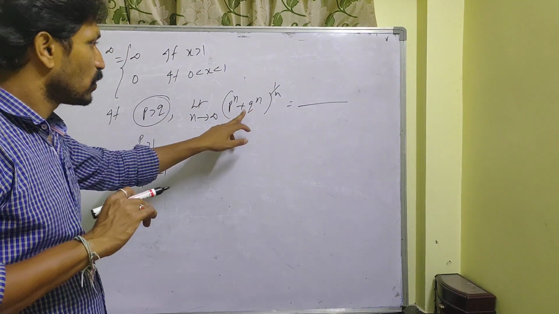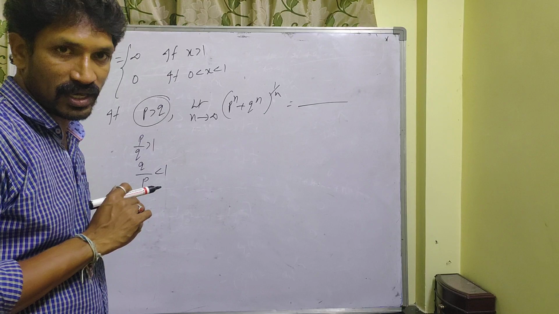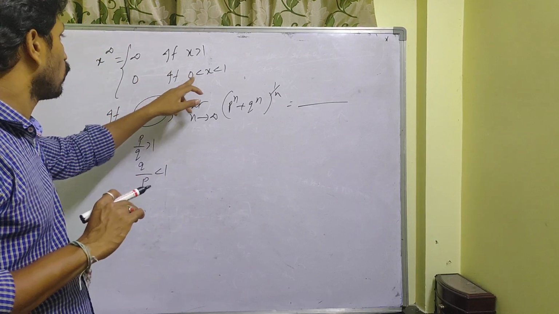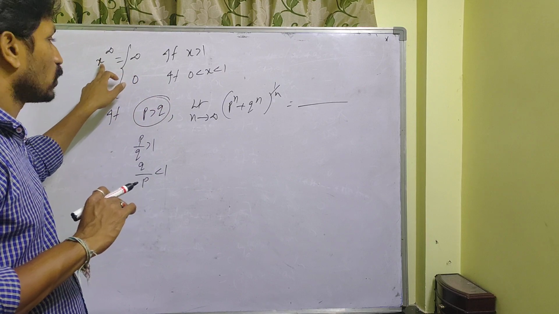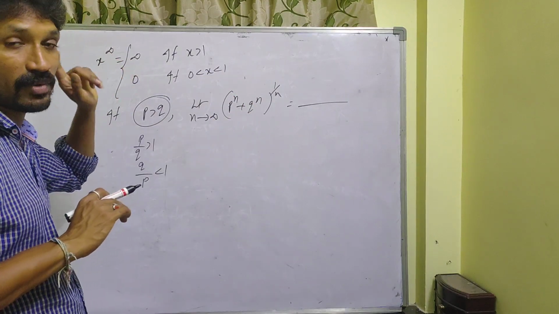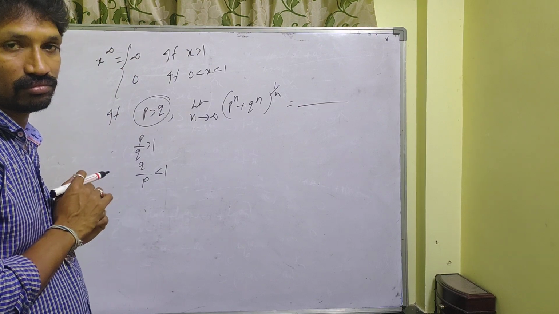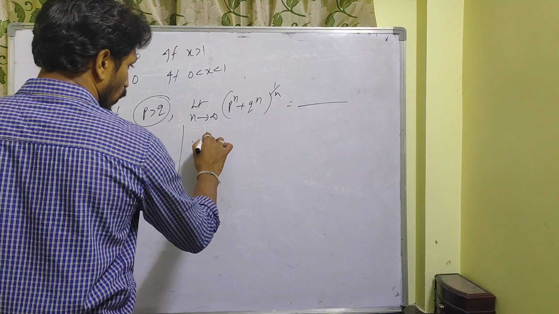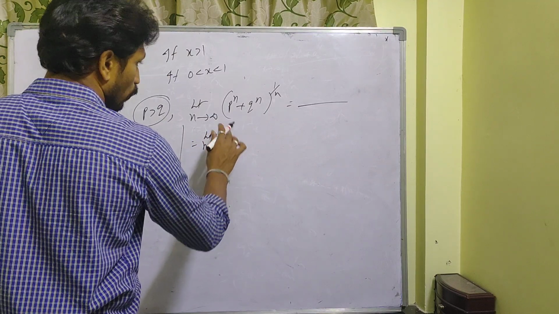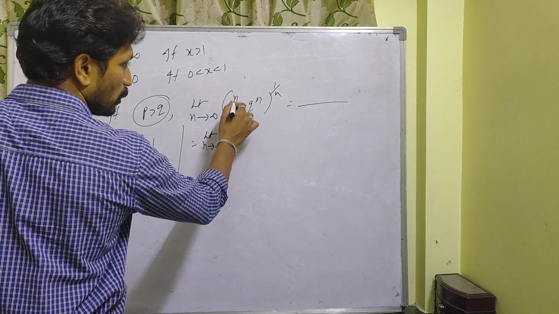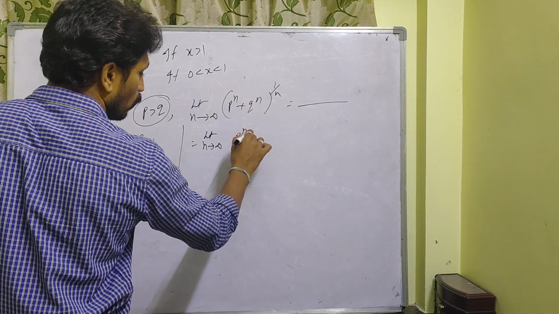Less than 1, a proper fraction. So q by p power n is there. Q by p power infinite becomes 0. So based on that, you write this as limit n tends to infinity. If you take p common, that means p power n common outside.